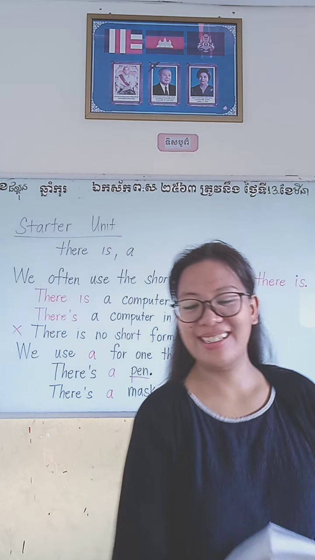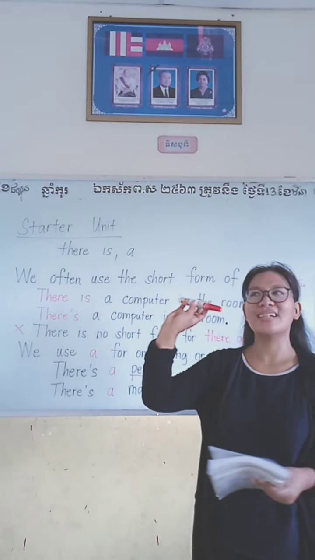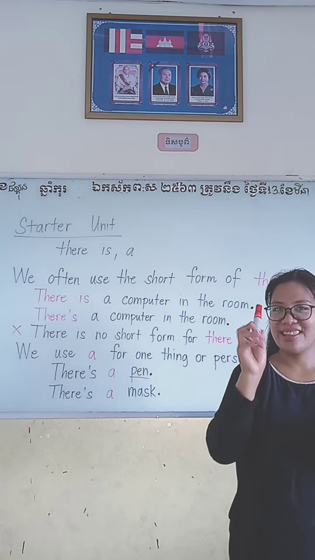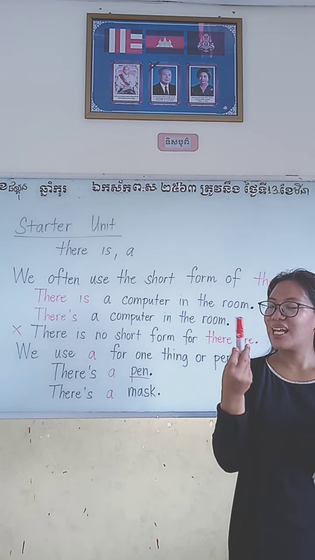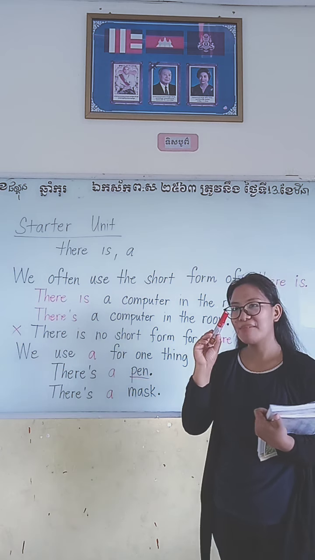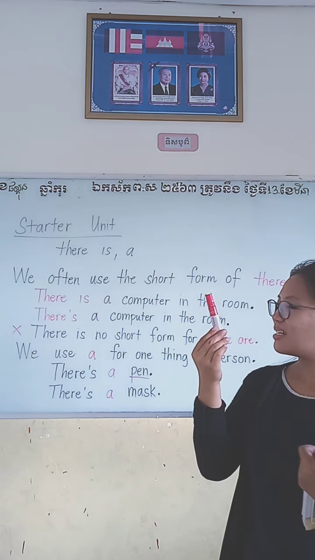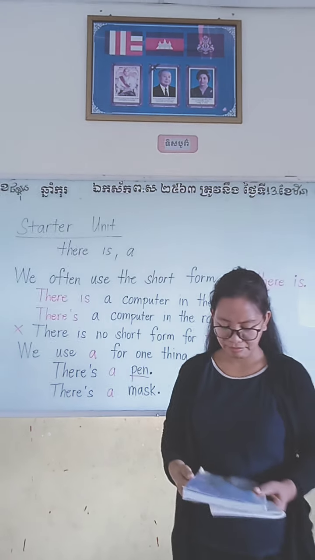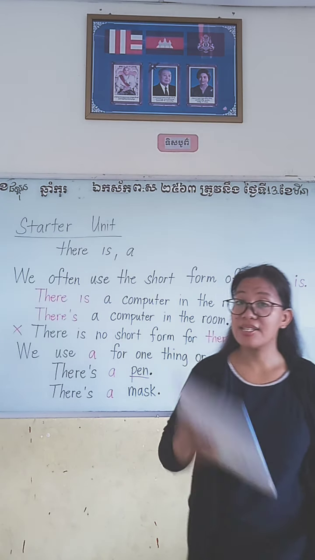That's correct. Next, there's a red marker. There's a red marker. Again, there's a red marker. Correct. The next one, I saw this book.